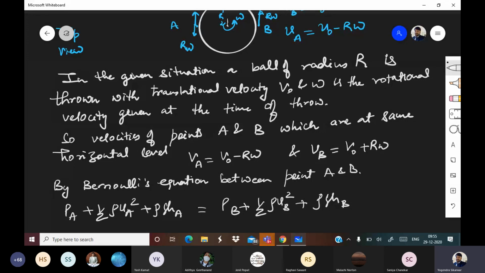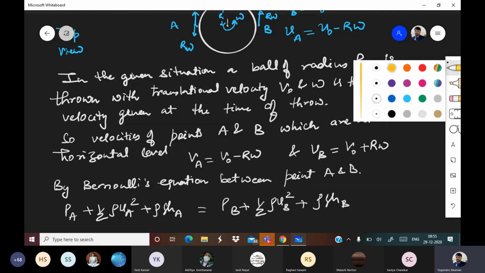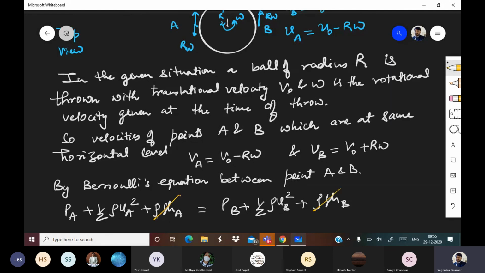Now, as I told you earlier, points A and B are at the same horizontal level. Yes or no? Yes. So rho GHA and rho GHB will be cancelling each other, right?